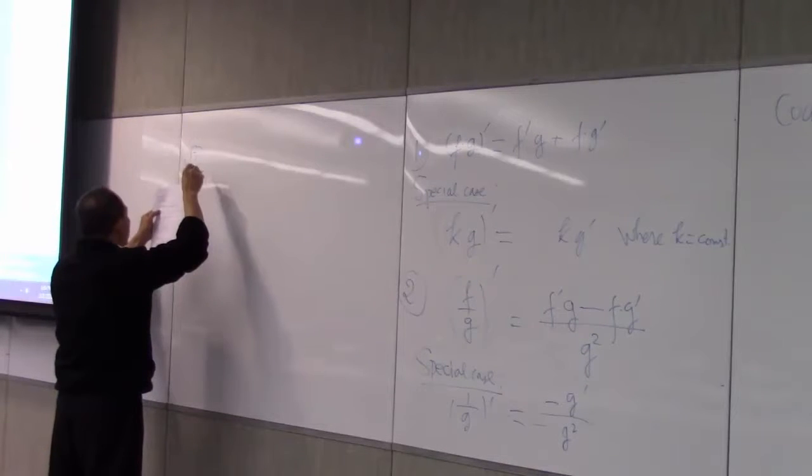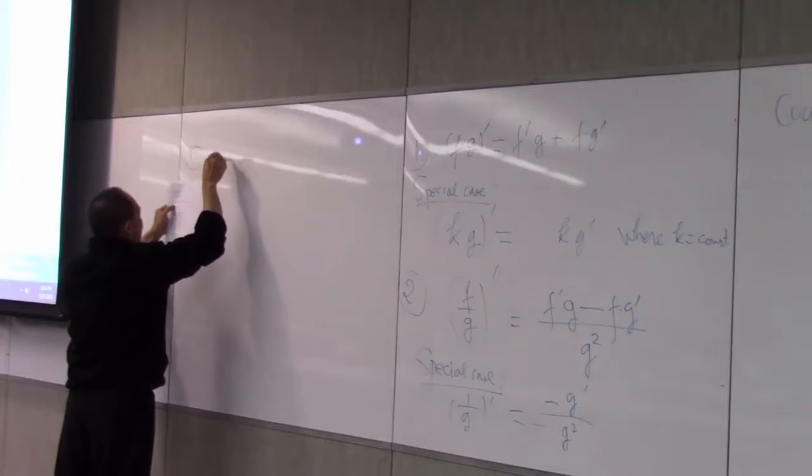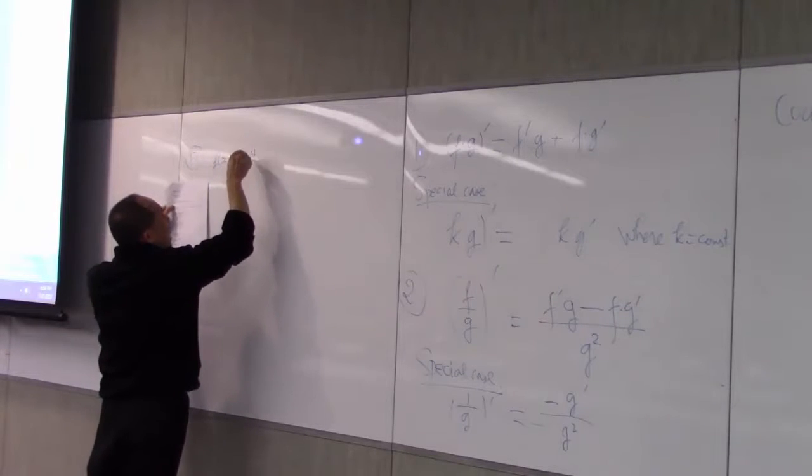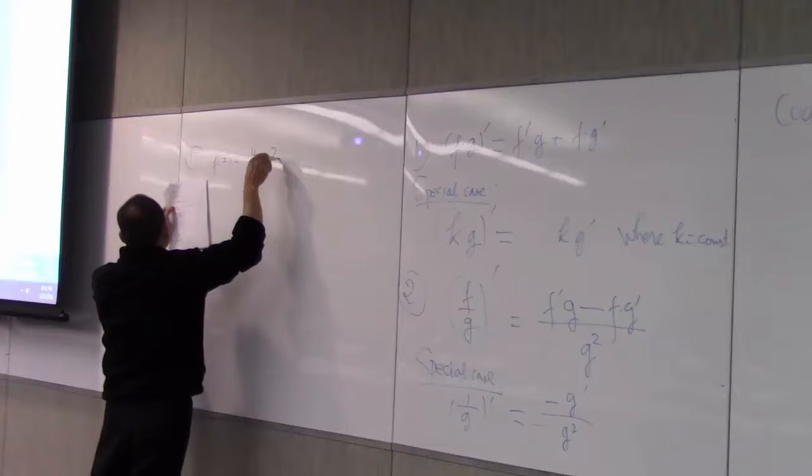They give you f of x, that is f of x equals negative 4x plus 2.